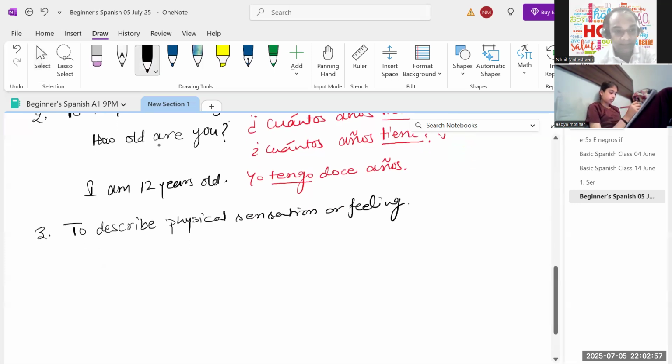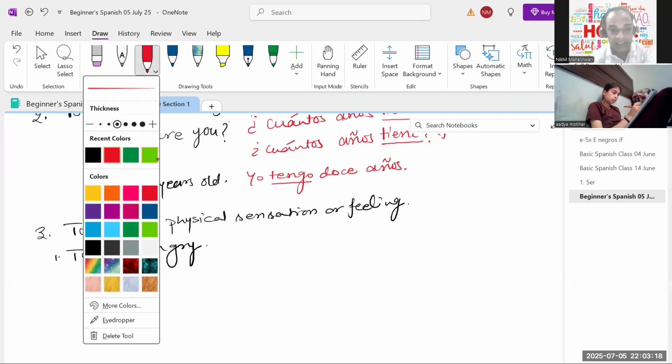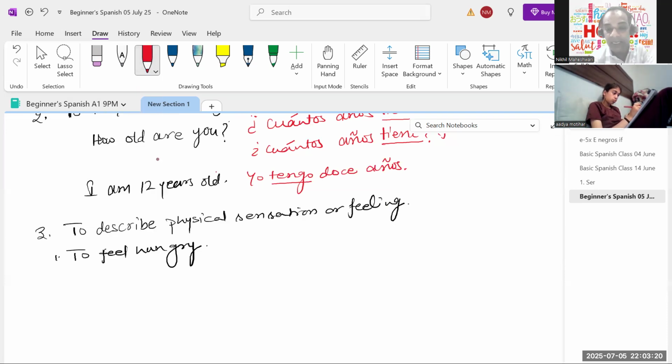For example, to feel hungry. Okay. Yes. So the first one is to feel hungry. So when you feel hungry, the phrase to describe feeling hungry is tener hambre. Note it down. Tener hambre.